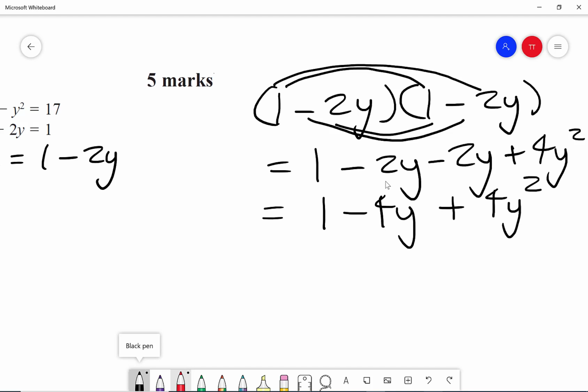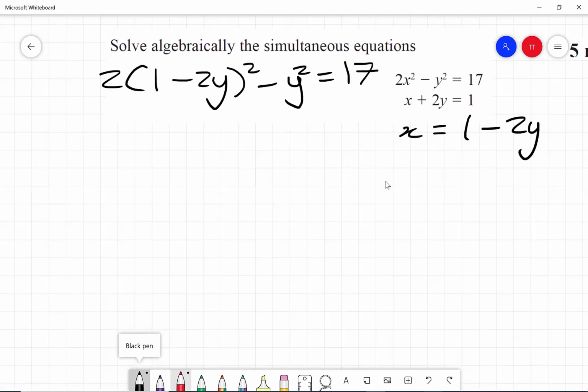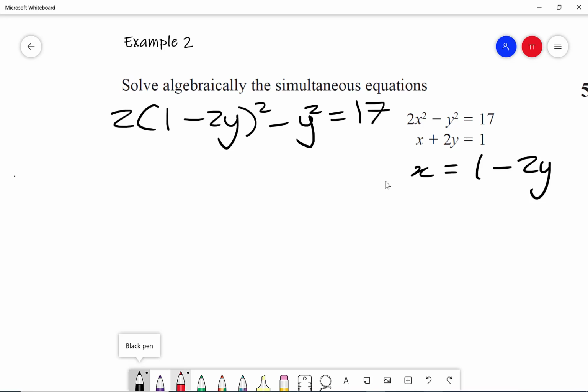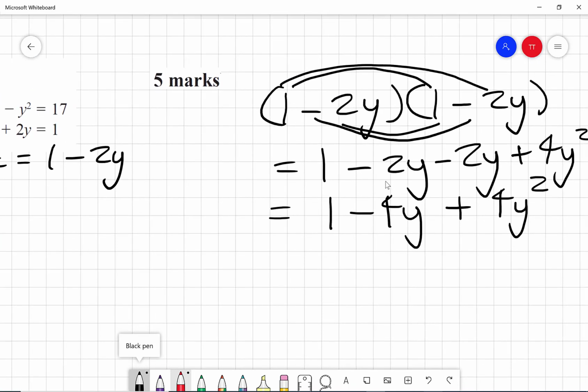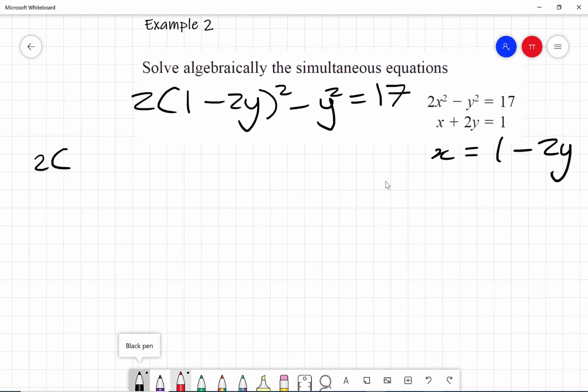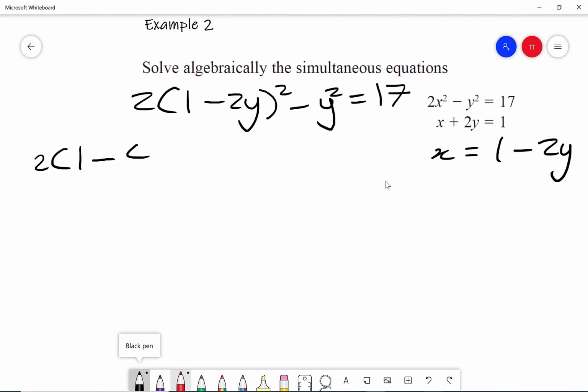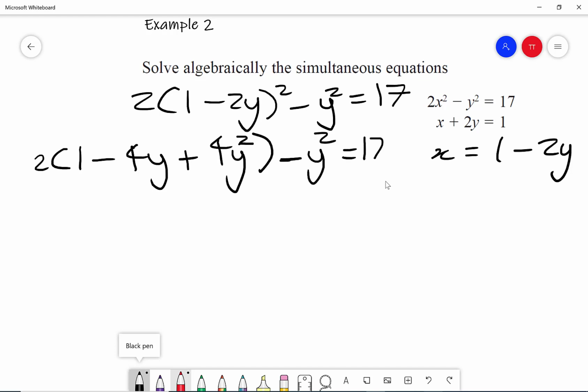So I'm going to take this now and substitute it into my equation. We've got to be careful, we've got a 2 on the outside. So it's 2 times 1 minus 4y plus 4y squared, minus y squared equals 17.